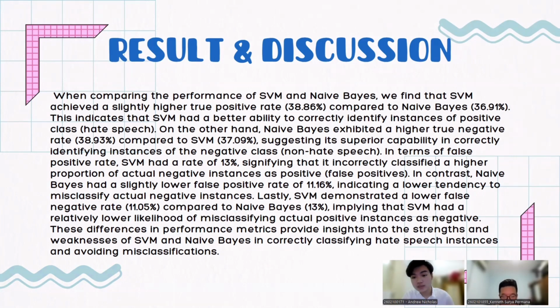Lastly, SVM demonstrated a lower false negative rate of 11.05% compared to Naive Bayes 13%, implying that SVM had a relatively lower likelihood of classifying actual positive instances as negative. These differences in performance metrics provide insights into the strengths and weaknesses of SVM and Naive Bayes in correctly classifying hate speech instances and avoiding misclassification.